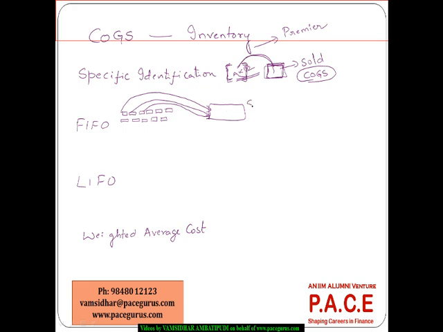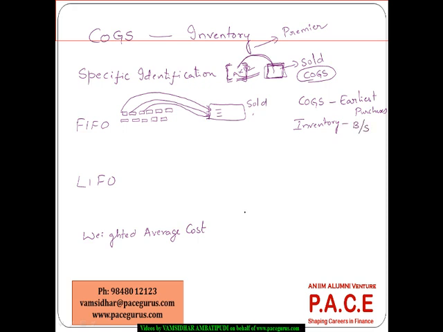So whatever the goods that are sold, the expenses associated with those goods, I will take the earliest of the purchases as cost of goods sold. So the cost of goods sold will contain the earliest purchases and the latest purchases will go as a part of the inventory in the balance sheet.